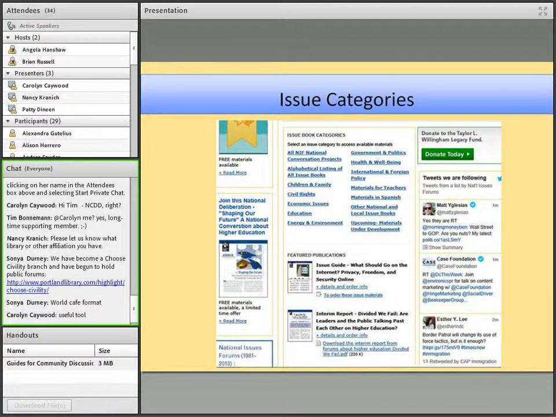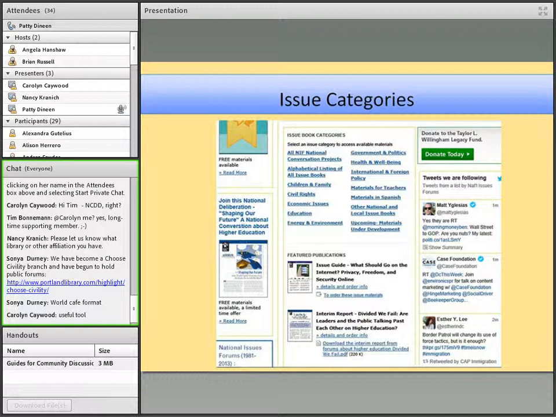So these aren't the every year National Issues Forums issue guides, but a very interesting kind of diverse range of issue frameworks that people have created themselves, and then they've decided to freely share those with anyone who is interested.